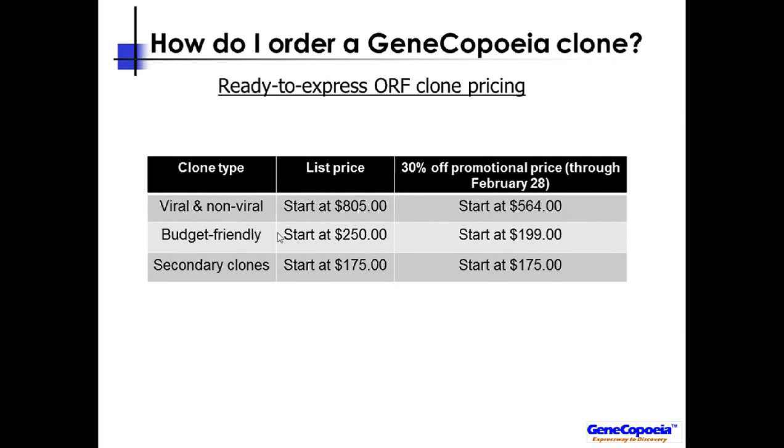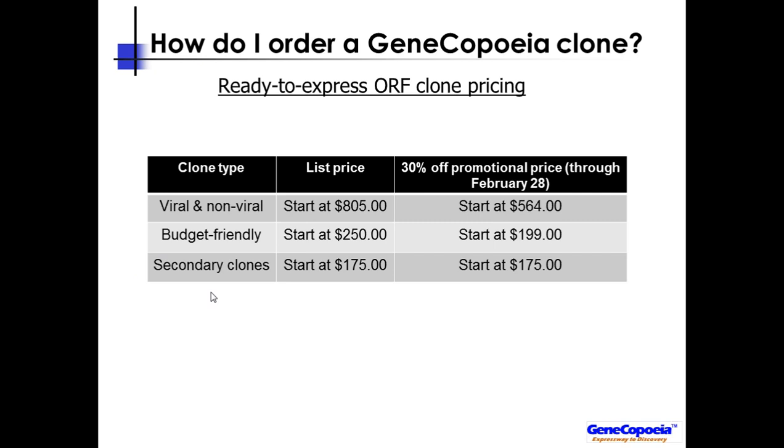We also have a type of clone, which I'm going to go into in a little while, called budget-friendly. These usually start at $250, but right now, again, we're running a promotion where they start at $199. And I also forgot to mention earlier that we have secondary clones. In the case of the SOX2 search that I did, the second clone I put in was much cheaper.